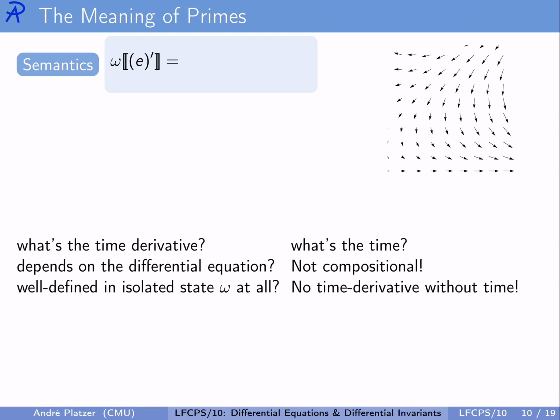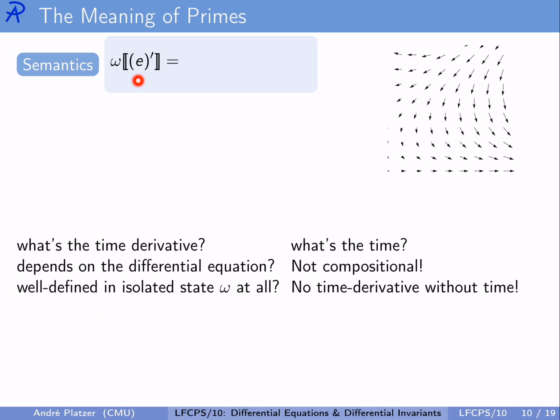Of course, no time derivatives exist without time. That's the whole point. Why do I emphasize this? Because it's so easy to mislead yourself into believing in verification approaches for hybrid systems that make subtle mistakes that are exactly analogous to assuming derivatives exist in isolated states. Let's try not to do that. Let's try to do it regardless.